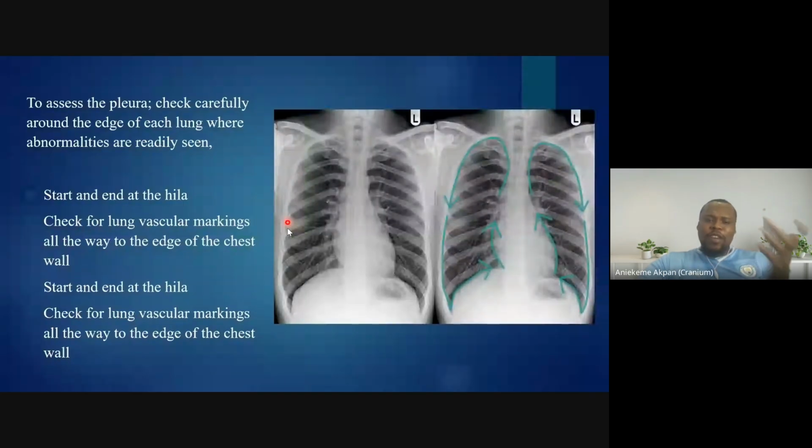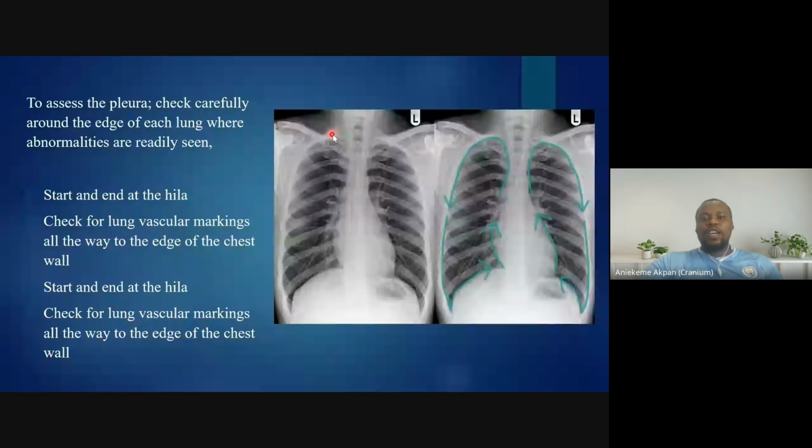So if you are looking at the chest radiograph, you are supposed to see fully aerated lungs with vascular markings extending almost towards the edge of that particular lung, towards the ribs, the lateral side. But when you are looking at the lungs and you cannot see vascular markings towards the outer border, the lateral edge of the lungs, that means there's something wrong with that area. You either have to zoom in or recheck the image carefully.